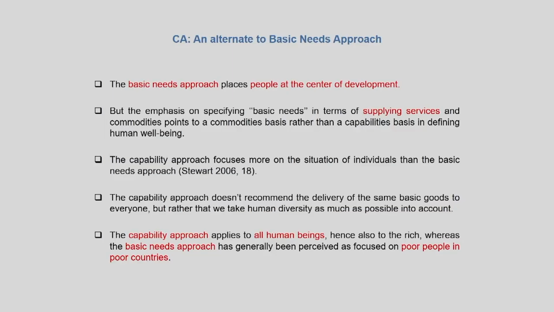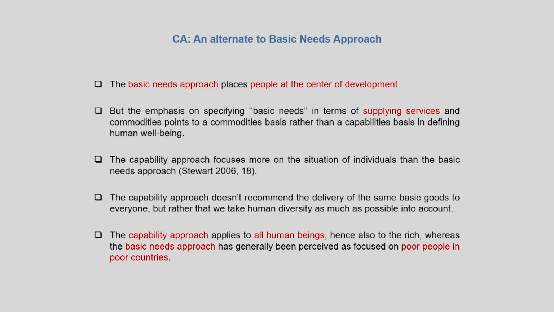So, the focus with respect to the basic needs approach is in supplying the commodities, whereas the capabilities approach is looking at enhancement of capabilities, and that requires a much bigger emphasis compared to the basic needs approach, because that requires an institutional change, that requires a change in the social arrangements within which the child functions. So, the capabilities approach focuses more on the situation of individuals than the basic needs approach.